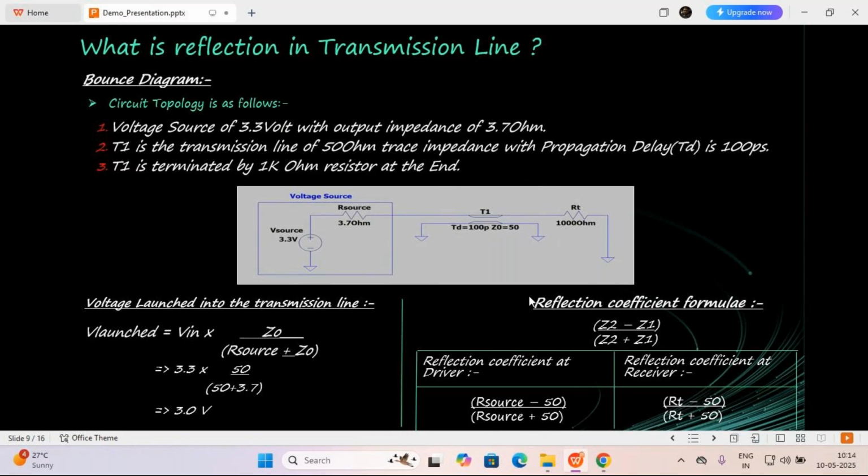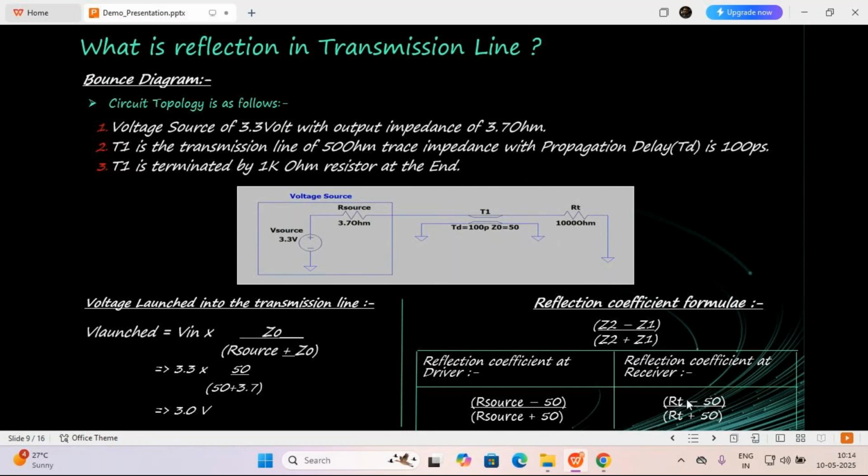And then here is the reflection coefficient formula. As I told, the reflection coefficient depends upon the direction. When the signal is traveling from the source to the receiver, we are calculating the reflection coefficient at the receiver: Z2 minus Z1 over Z2 plus Z1.